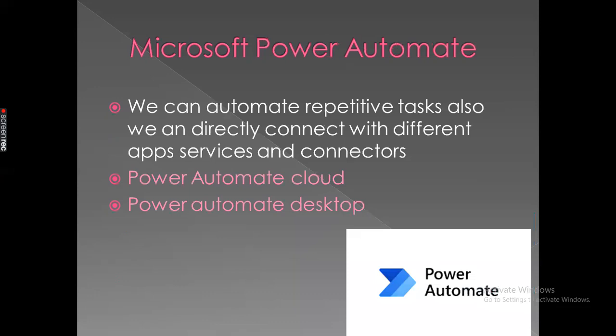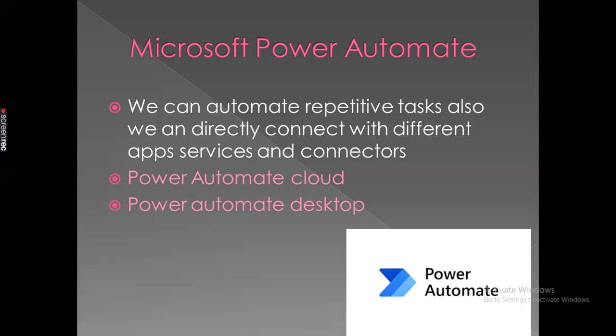Let's move to the next topic, that is Power Automate. By using Power Automate, we can automate all the repetitive tasks, so we can save time and effort. There are several tools in the current industry for RPA, like Automation Anywhere and Blue Prism. These are all different RPA tools. But Microsoft has a powerful automation tool, that is Microsoft Power Automate.